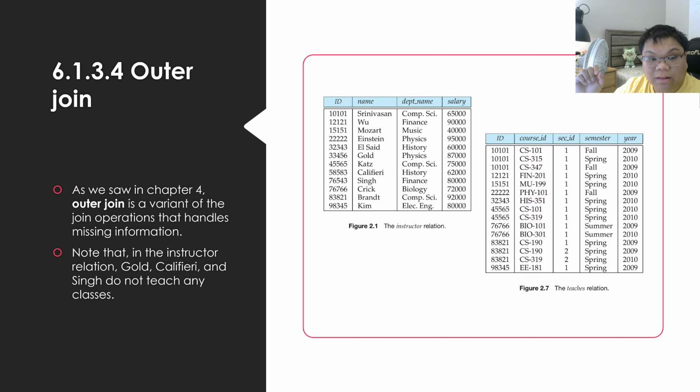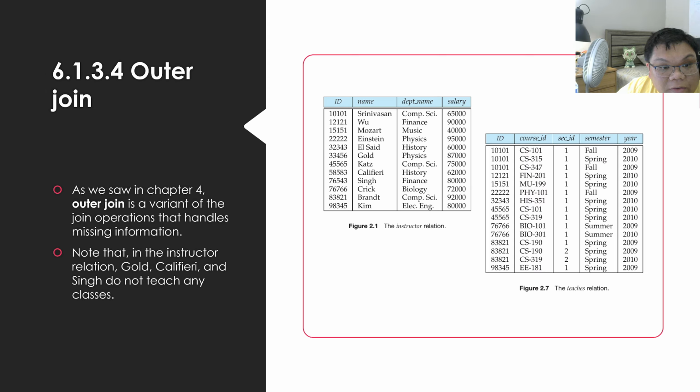It turns out that if we did the natural join of instructor and teachers here, we get a similar situation. Do you see instructors that appear in the instructor relation but do not appear in the teachers relation? Well, I'll tell you right now, there are such instructors. Instructor Gold, ID 33456, does not appear in the teachers relation here.